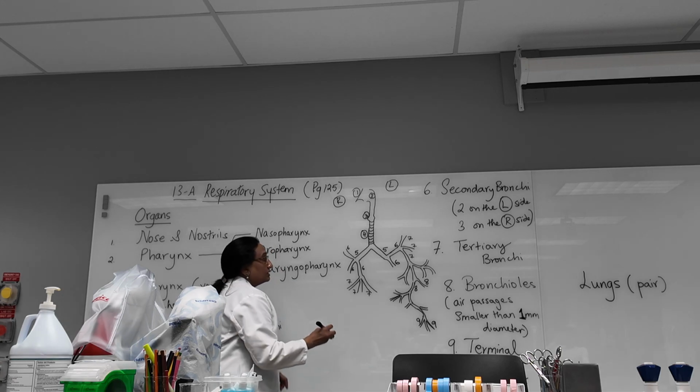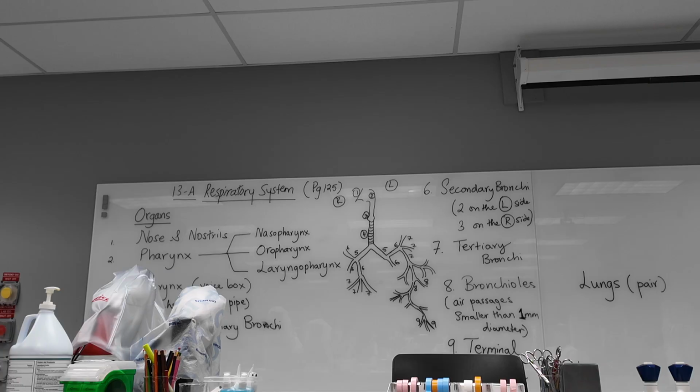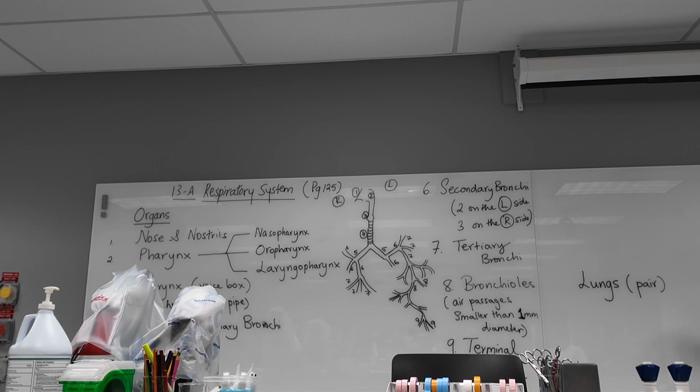So let's keep this number 1 to number 9. We are going to see what that is called. Okay. And then here I'm going to draw the terminal bronchiole. We are going to start with number 9, which is a very tiny little branch like that. This is number 9.